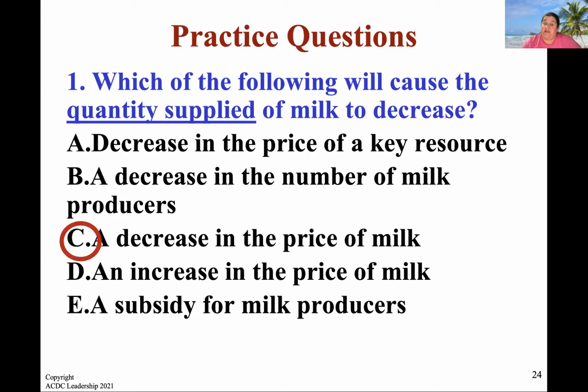A decrease in the price of milk. When we're talking about a change in quantity supplied, the only thing that causes it is the price. A decrease in the price is going to decrease the quantity supplied. It would be an inverse relationship for demand in terms of increase and decrease.